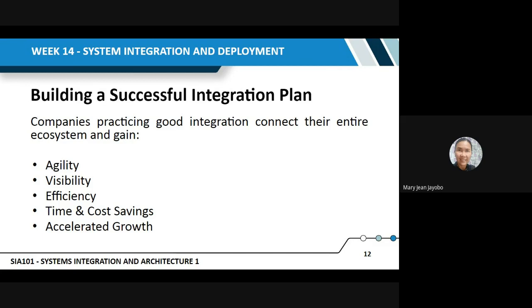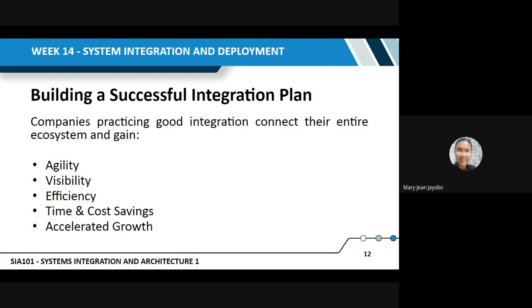Kailangan ina-update nila rin yung knowledge nila so that you can be able to provide your clients with an updated solution. Okay, kasi baka mamaya legacy na rin pala yung nasa mind ninyo, no? Mga stock knowledge na lang pala yan. Okay? So, you keep on updating yourselves so that you can provide good solutions to the business, to your clients.